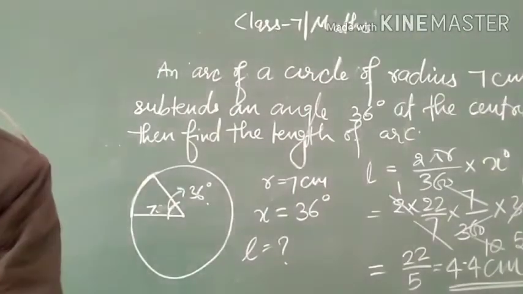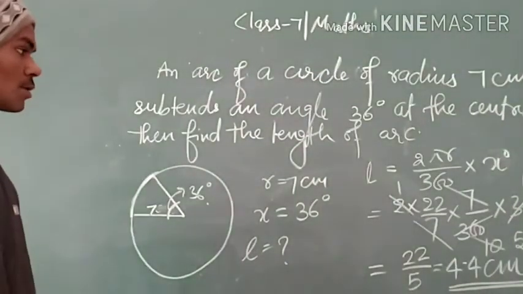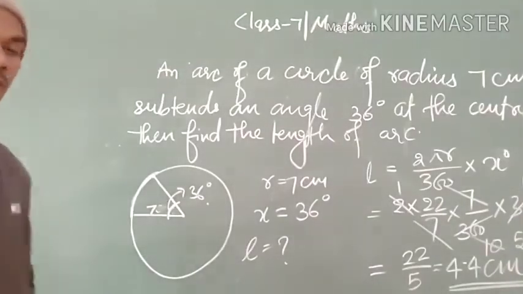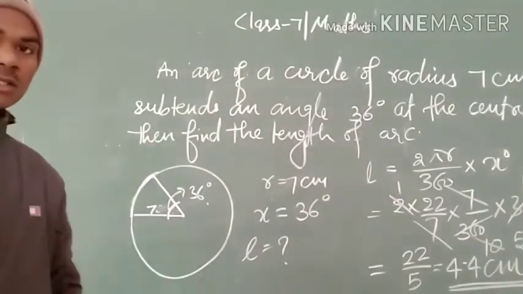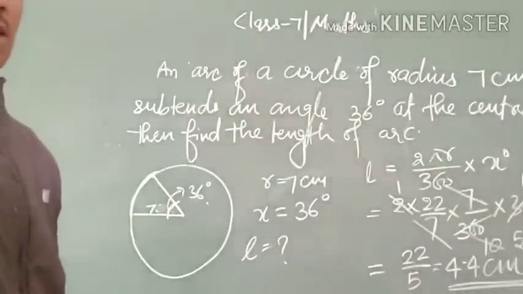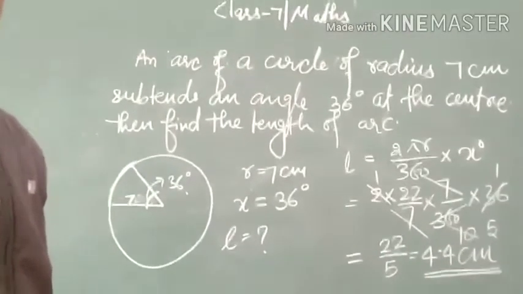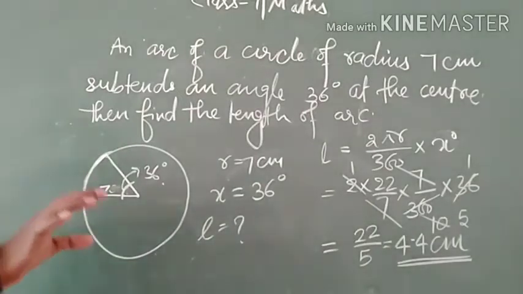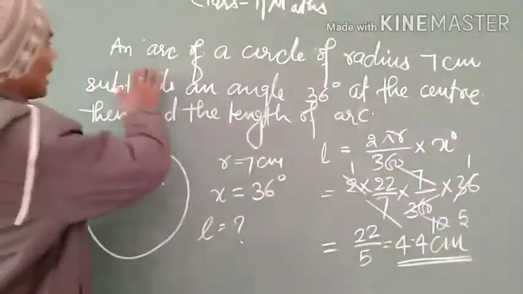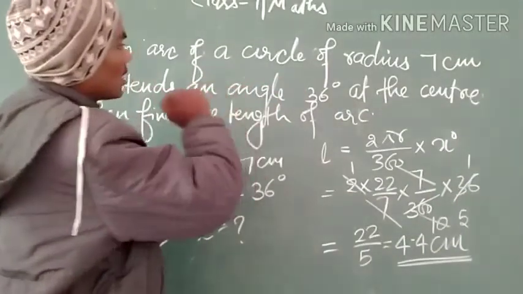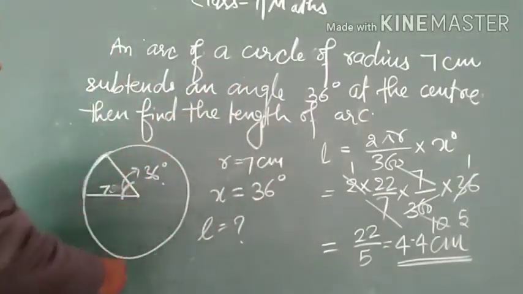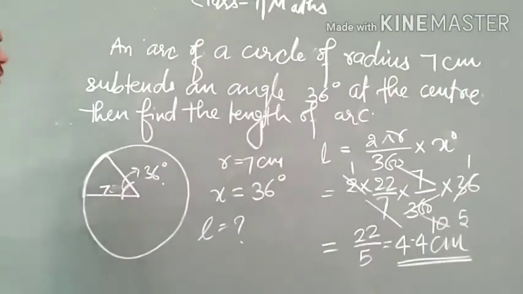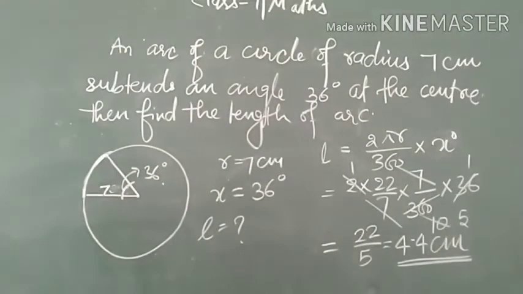Okay, since this is a new topic, you may have some trouble understanding this question. So let me explain the question once again and just try to understand what I am saying. The question says that an arc of a circle of radius 7 centimeter subtends an angle of 36 degree at the center, then find the length of the arc.